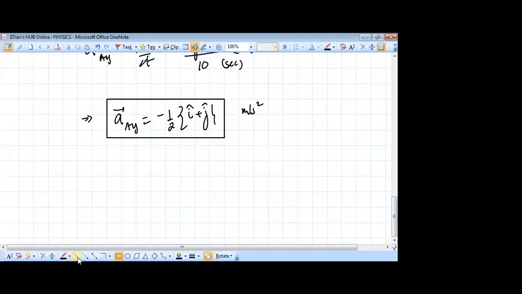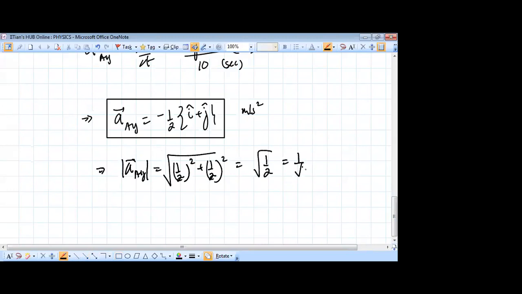This particular vector has a magnitude of square root of the sum of squares of its components, and a direction. For direction, you will have to understand it in context of our reference frame. In context of our reference frame, you can see this acceleration vector is like this.